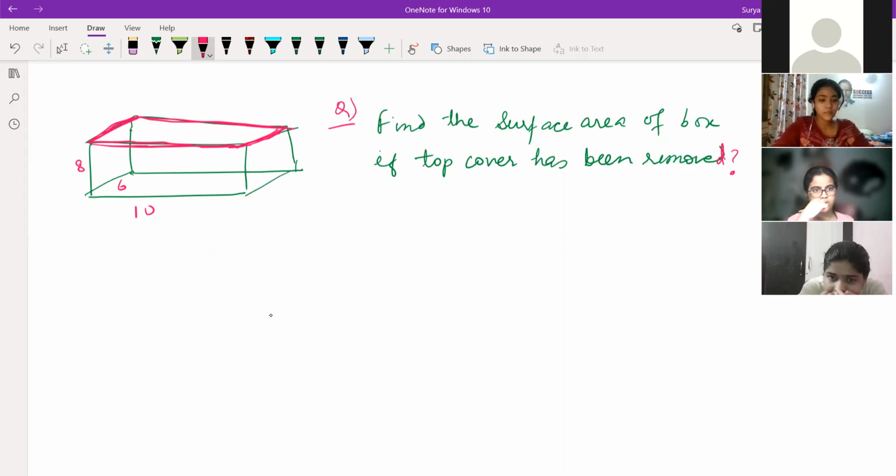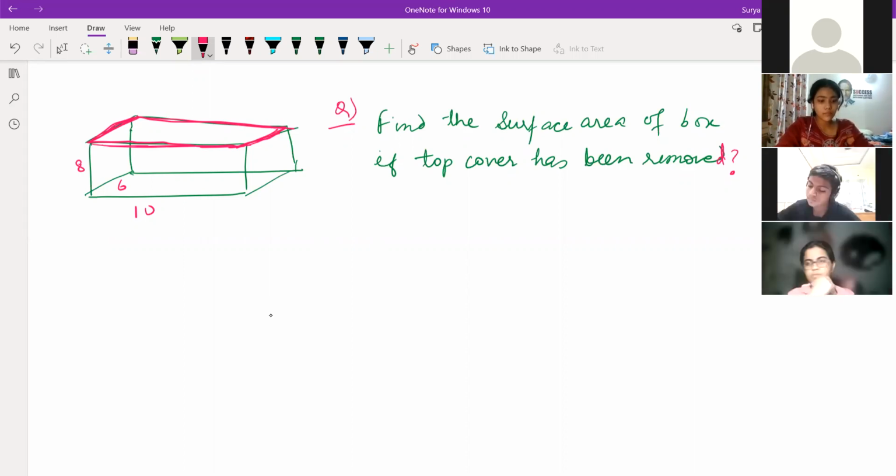Can you hear me, Diksha? Yes, sir. What is the surface area of the cuboid? I think last class you were absent, right? Yes, sir. Sir, is it 312? Acha, answer is 312 unit square, right? Yes, sir.